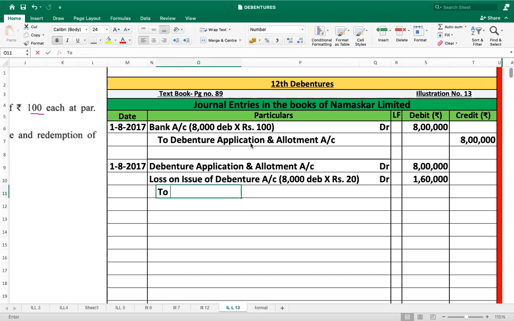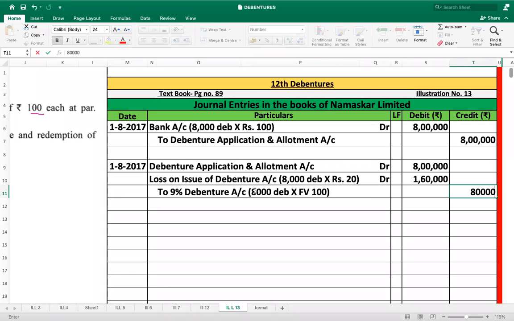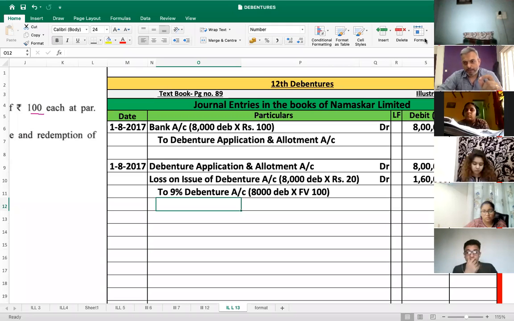To 9% debenture account. Debenture always with the face value. So 8,000 debentures into face value rupees 100, so 8 lakh. Now, students, please be careful that this 20 rupees we have committed, but we are not going to pay right now.